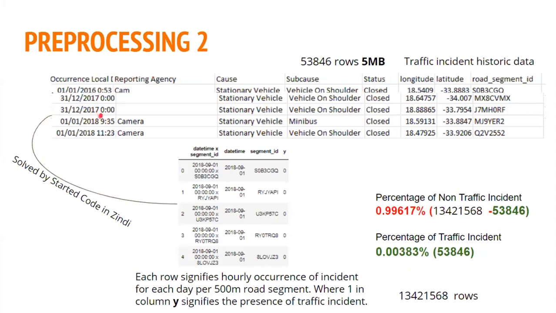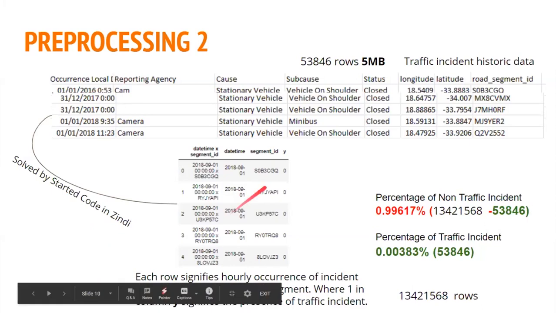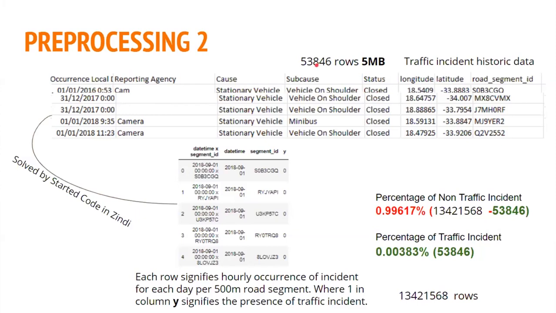This pre-processing wasn't really a big issue, because on Zindi's main site, someone had already given starter code that could help convert this data set. Remember, this data set has about 53,000 rows for only traffic incidents, and it contained about 5 megabytes of data.